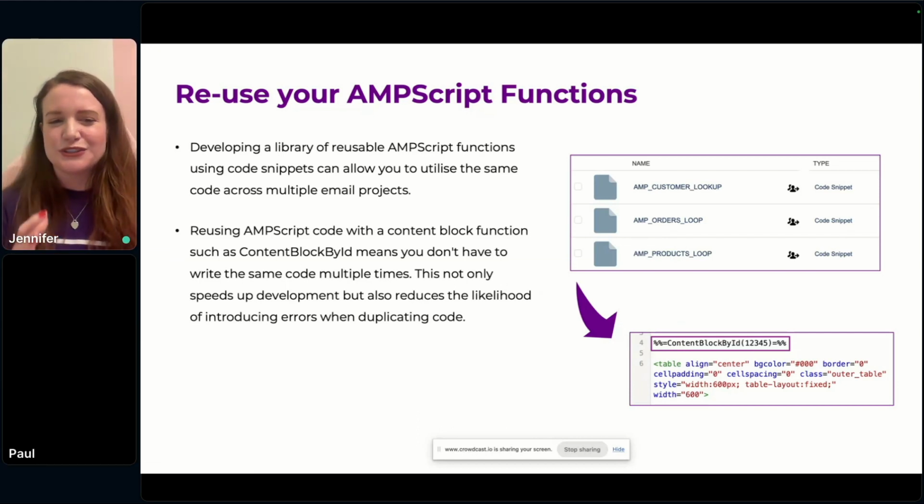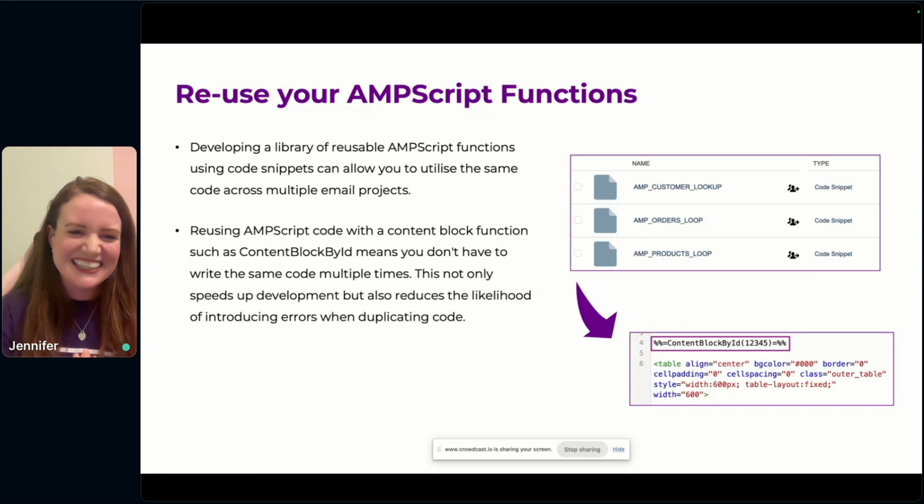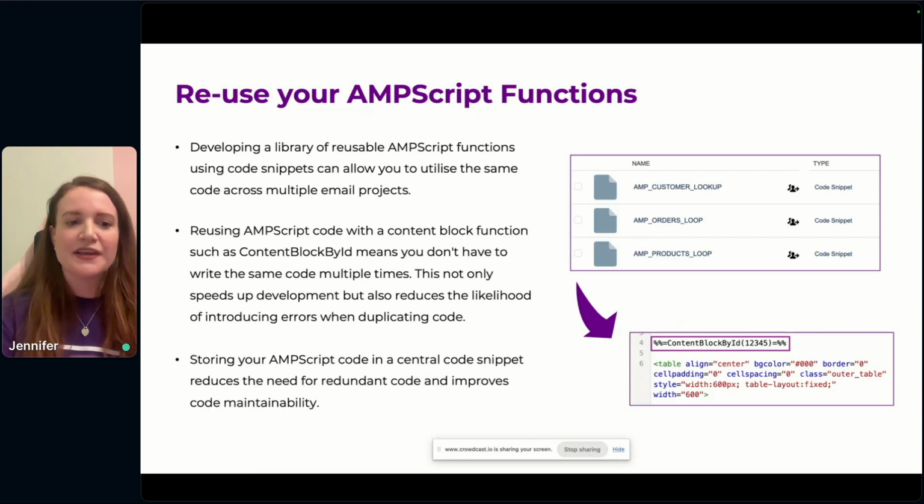This not only helps you to speed up development, as time is precious, regardless, but especially when you've got lots and lots of data, but also reduces the likelihood of introducing errors when you're duplicating your code.